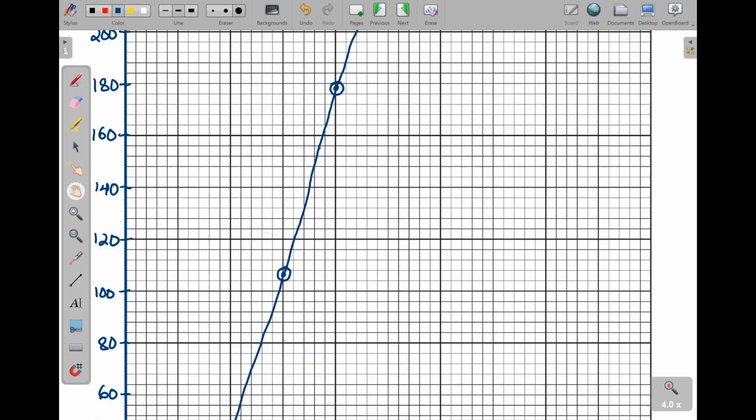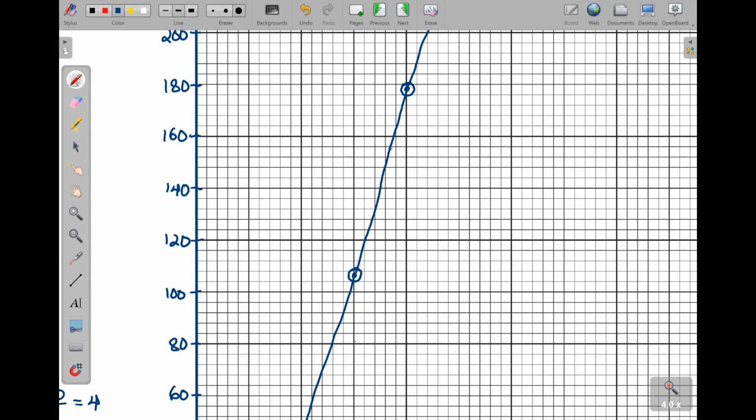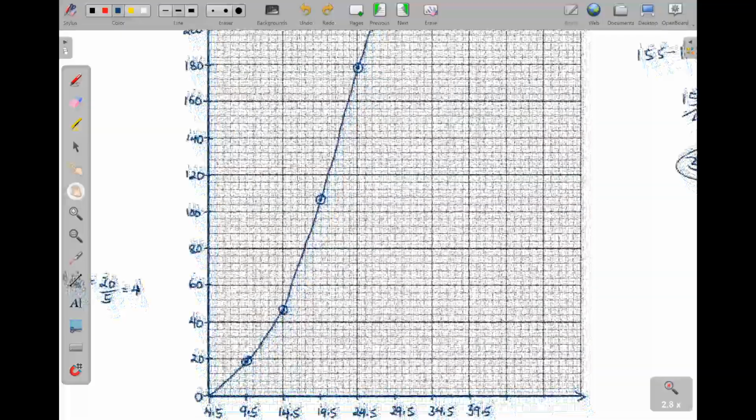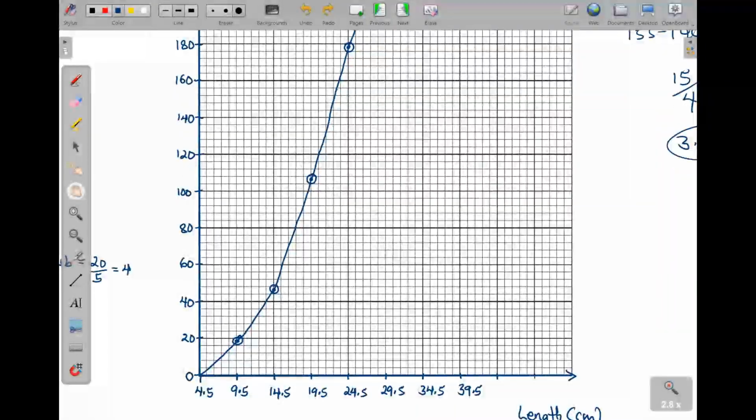So 3.75, this is 1, 2, 3. Then this will be 4. So 0.75 is maybe around here. Okay, maybe around there. So I'm going to get my ruler, and we draw. So you draw a straight line.